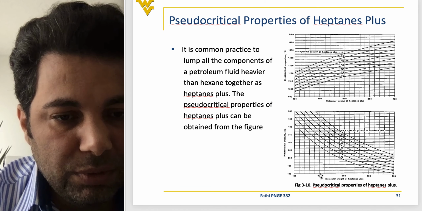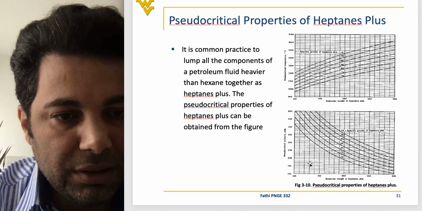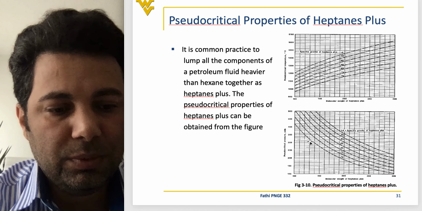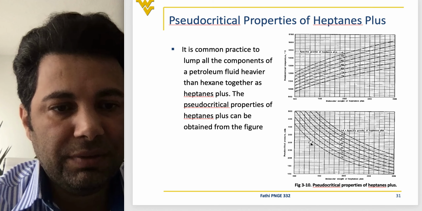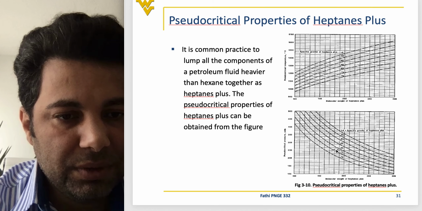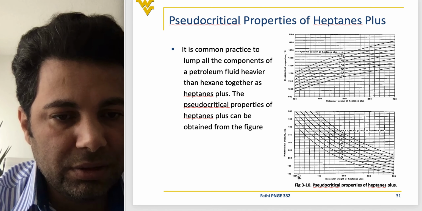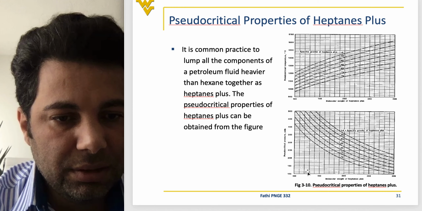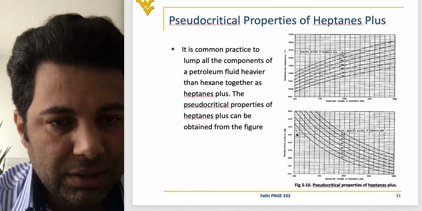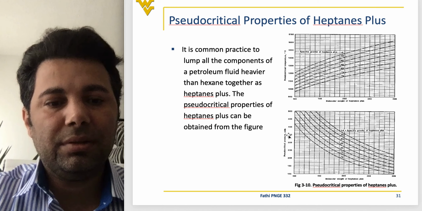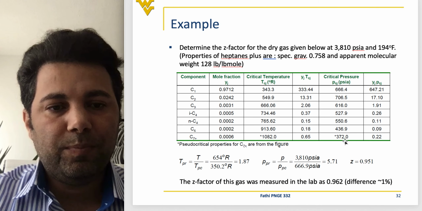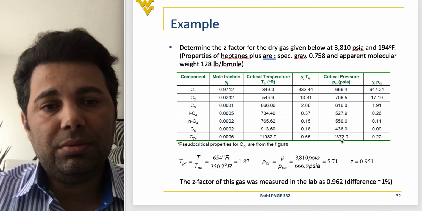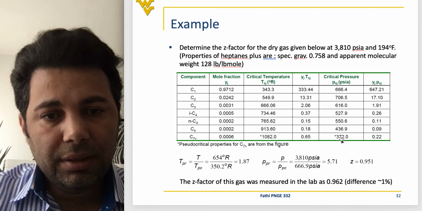So 128 is somewhere here, between 100 and 150, and 0.758 is between 0.75 and 0.8. For the pressure, it's very close to 360, like 350 something, 372 to be exact.